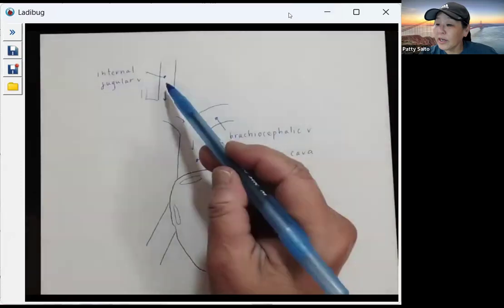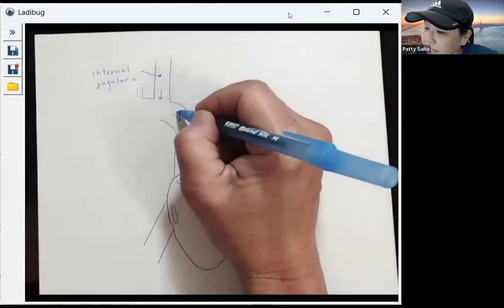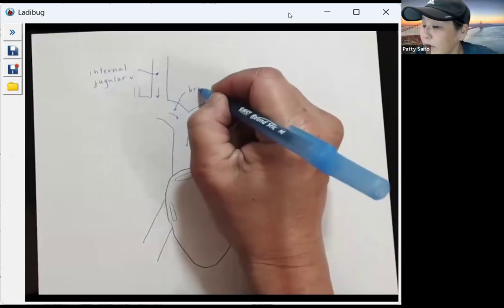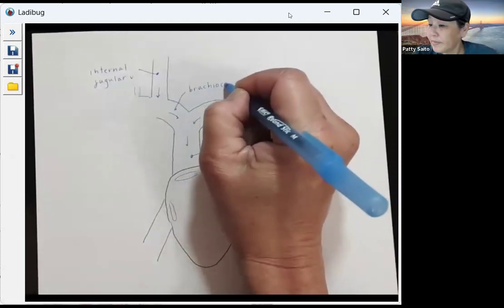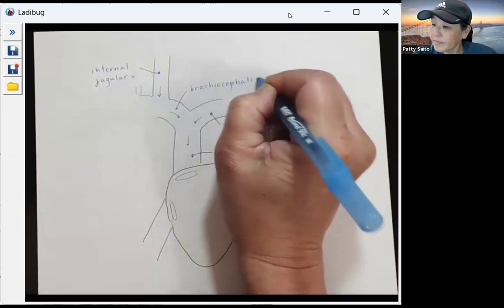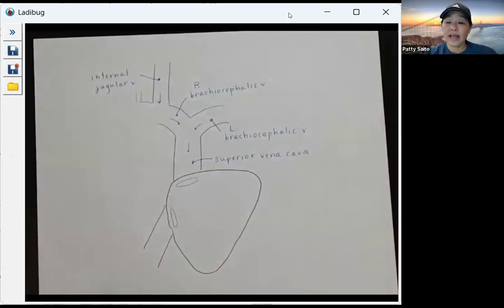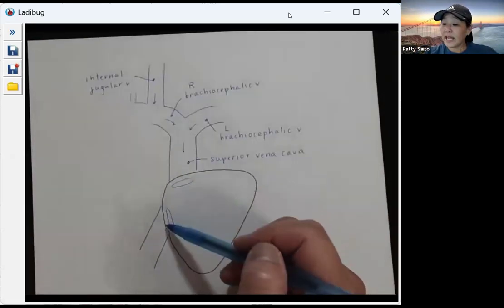Internal jugular, brachiocephalic vein. I should label this also. So this is the right and this is the left. Okay. The superior inferior vena cava.